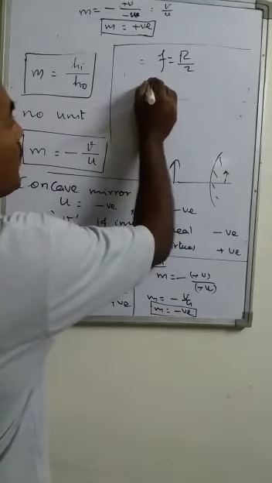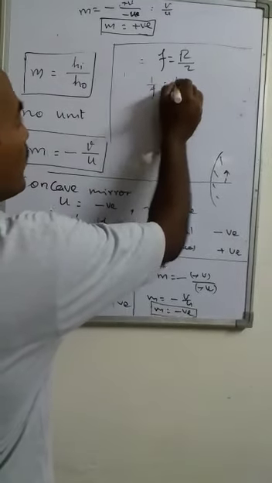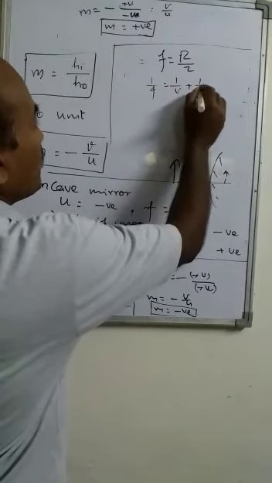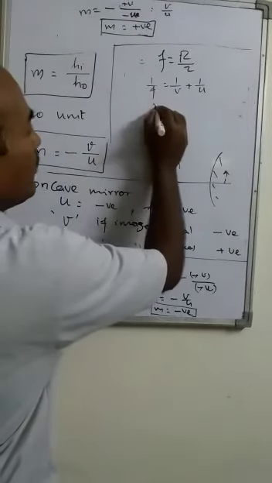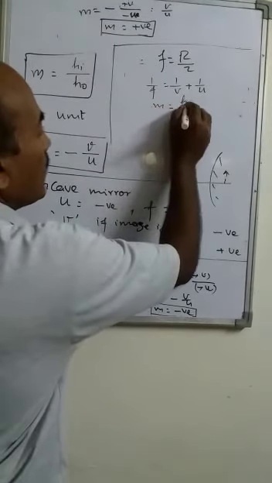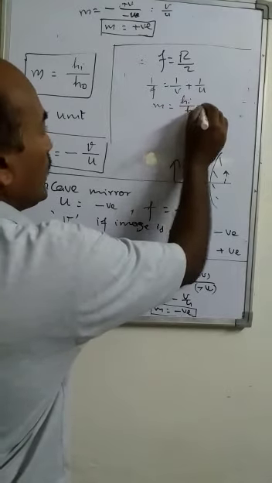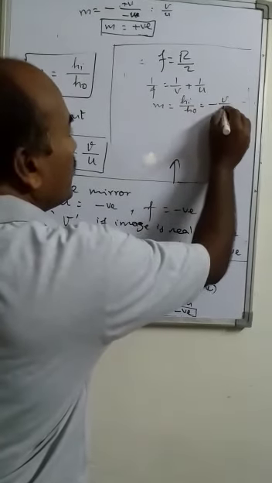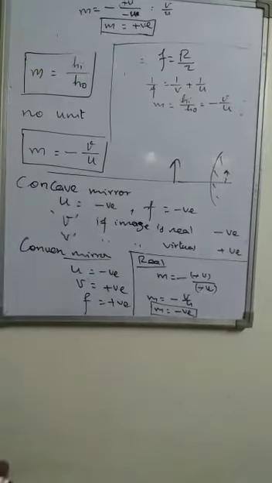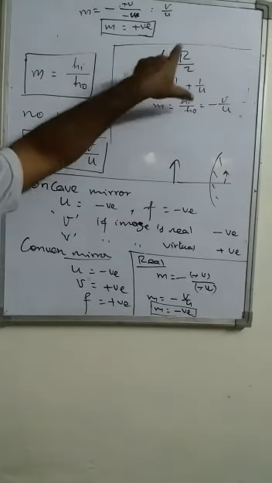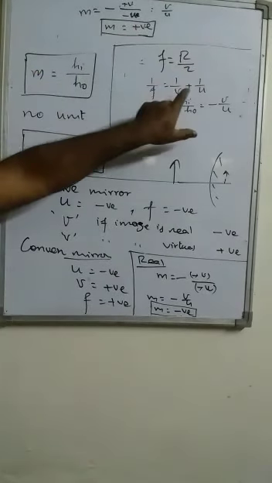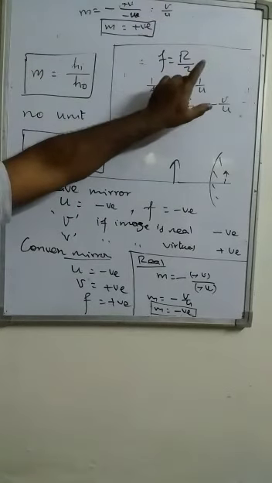Second, the mirror formula, 1 upon f equals 1 upon v plus 1 upon u. Then magnification, HI over HO equals minus v upon u. These are the formulae we got for spherical mirrors. They are important in calculations.